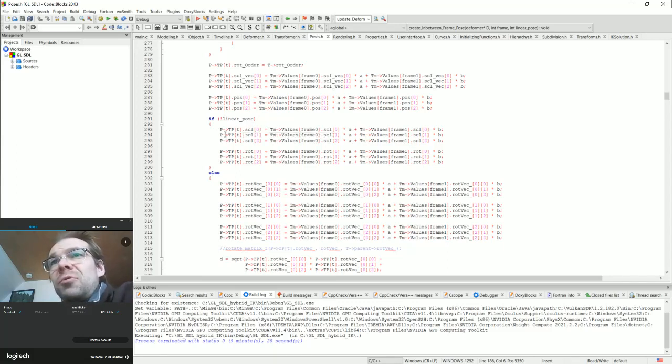This linear pose means that those transformers are interpolated, and non-linear means that those transformer matrices are calculated at every frame based on their rotations.